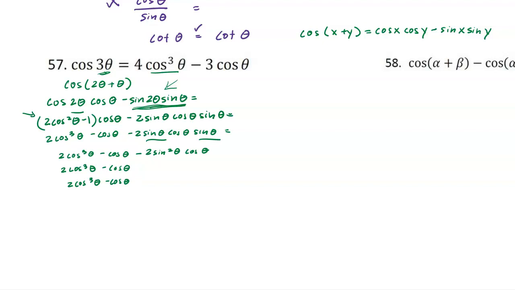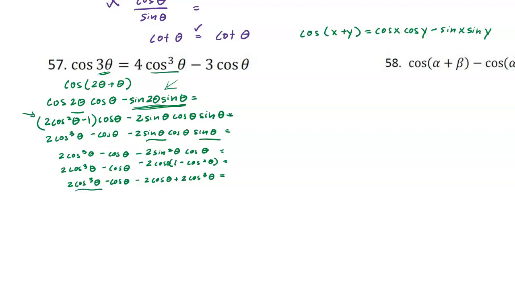I messed up right here. It's supposed to be a -2 cosine and then minus cosine square theta. So that's a -2 cosine theta plus 2 cosine cube theta. Okie dokie. I got it.